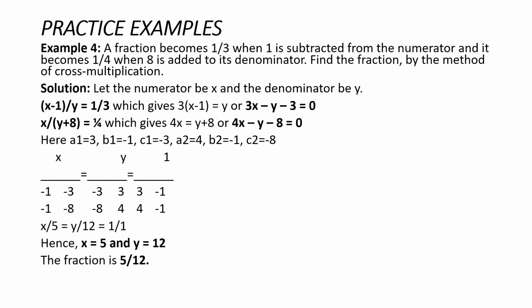So x upon 5, and the right hand side is 1 upon minus 3 minus minus 4, that means minus 3 plus 4, that is 1. So 1 upon 1 is 1. x upon 5 is 1, and similarly y upon 12 is also 1. So we get x is equal to 5 and y is equal to 12. So our fraction is 5 upon 12.